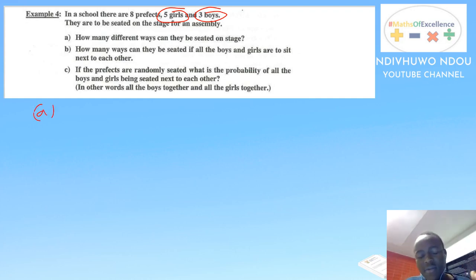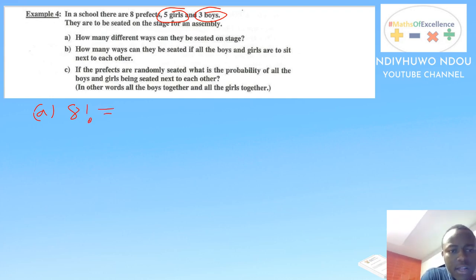So in answering this question, when answering a fundamental counting principle question, what you think of is the number of choices that we have in each particular situation. So how many items are there to arrange? We have 8 people, right? So we already learned about the factorial notation, right? Factorial notation helps us to count the number of ways in which you can arrange different items. So because we have 8 people that are to be arranged, it's simply going to be 8 factorial.